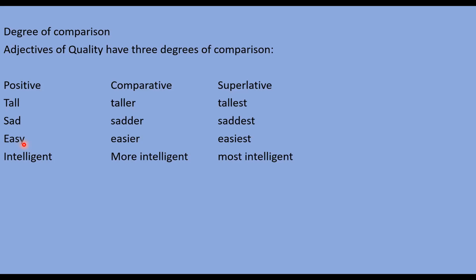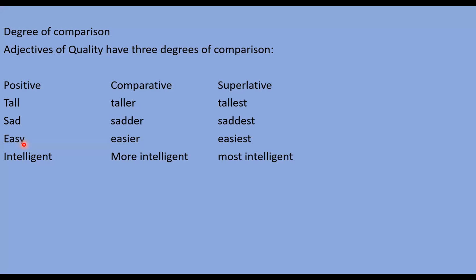If I say beautiful, you will find that more syllables are there, right? But in sad, in tall, in easy, in big, you will find only one syllable. One syllable is there, one sound is there. So this way, we make comparative and superlative degrees.